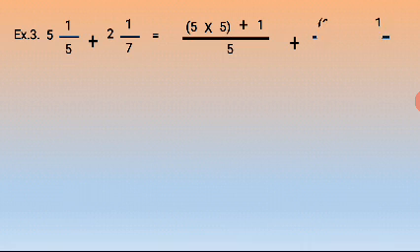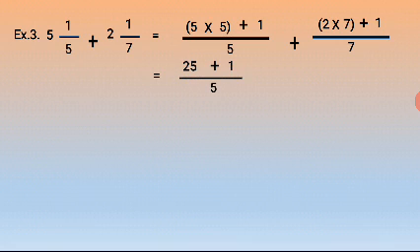So 2 into 7 plus 1 upon 7. Next step, we calculate this operation, 5 into 5, 25 plus 1 upon 5, plus the next fraction 2 into 7 plus 1 upon 7, that is 14 plus 1 upon 7.